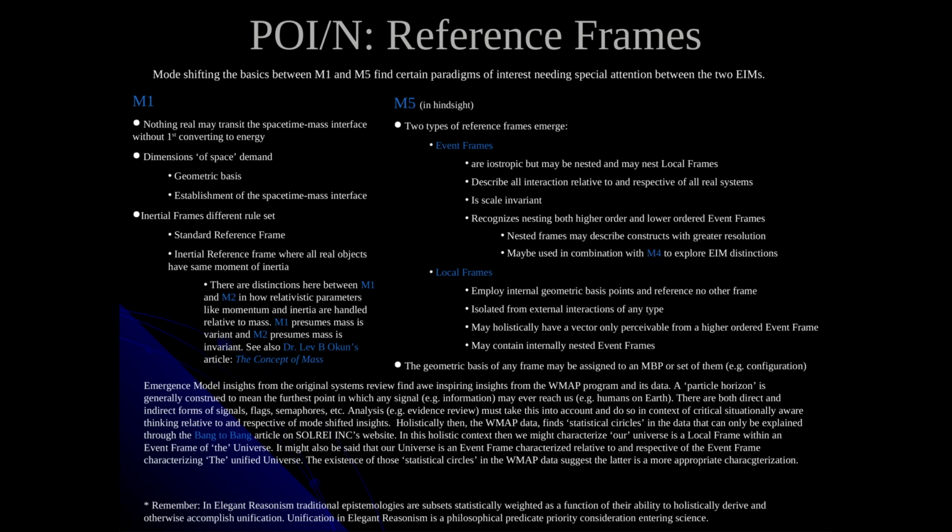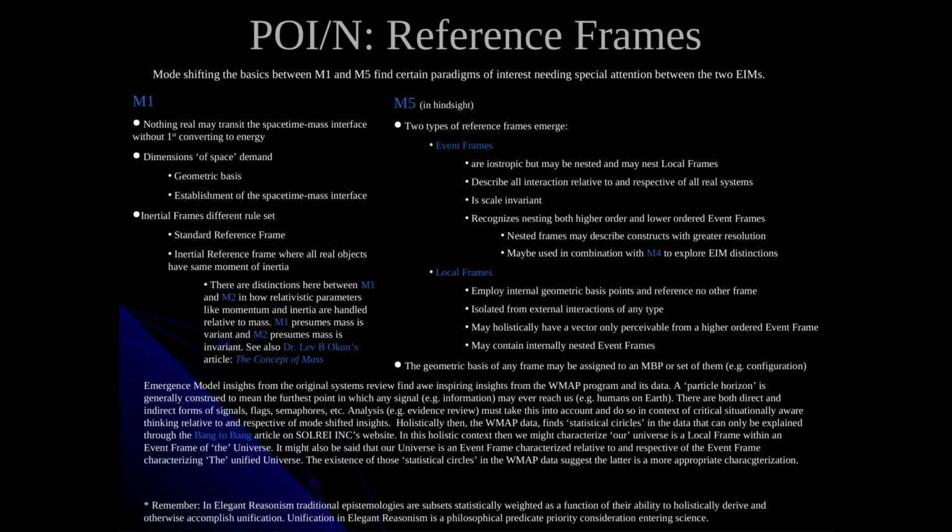When the systems review that we did started digging into this, we realized that inertial frames are used most often in M1 when they start talking about astronomical things or cosmological things, because the intent and motive is to create a basis of commonality between a given set of real objects that you want to describe. And in order to do that, you have to describe the different moments of inertia when you cannot establish geometric basis.